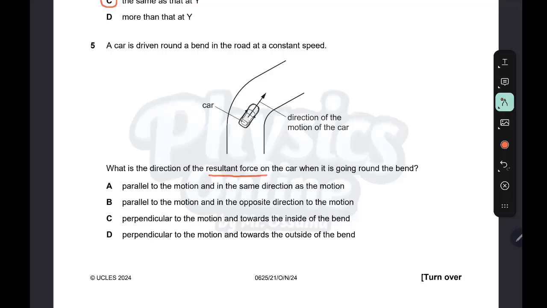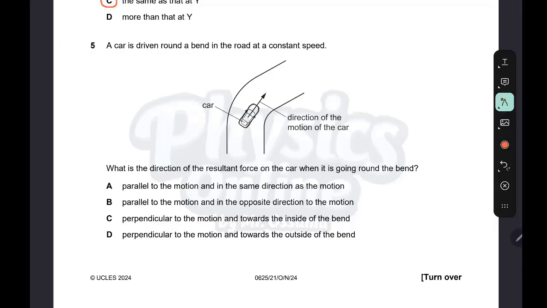A car is driven around a bend in the road at a constant speed. What is the direction of the resultant force on the car as it goes round the bend? The direction of the force is perpendicular to the direction of the car's motion, towards the center.